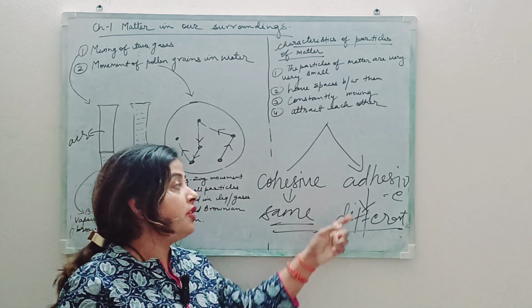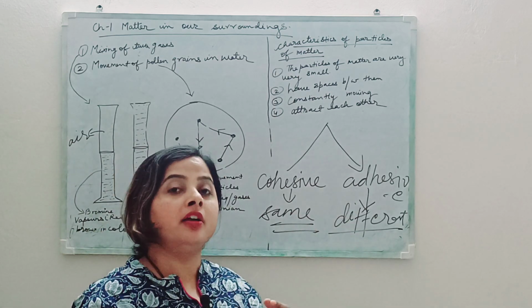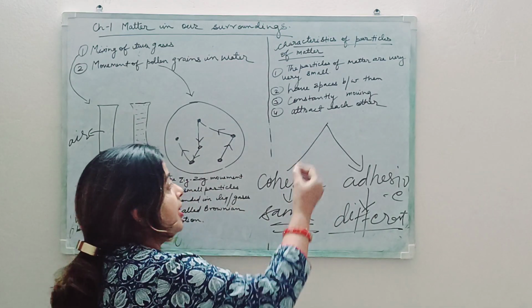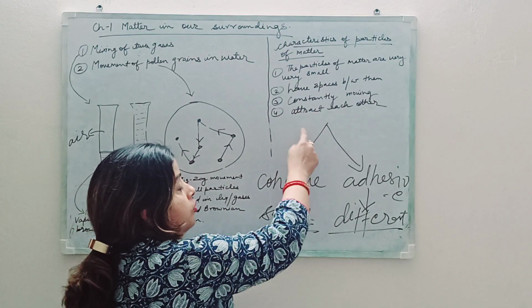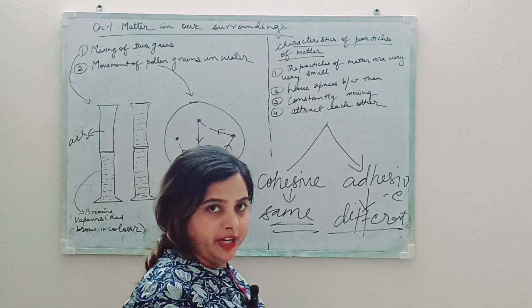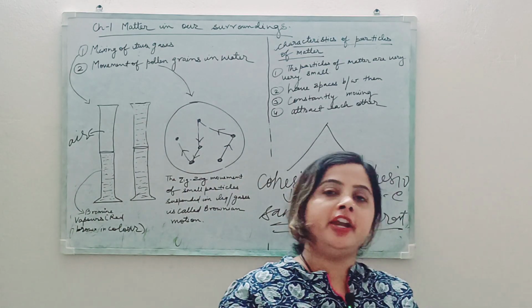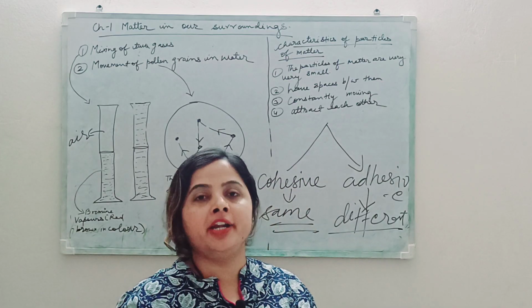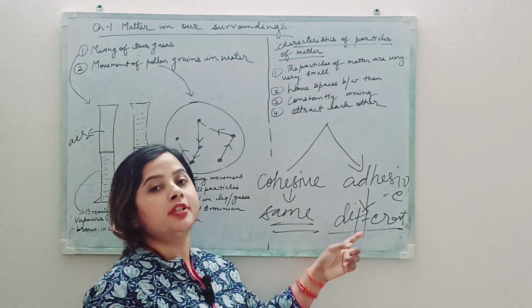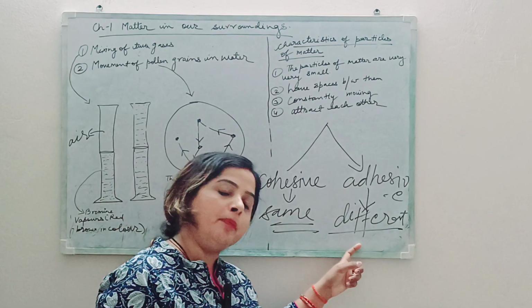Now adhesive force is the force between different types of particles. If I write with the chalk on the board, the board substance and the chalk particles get attracted. Particles of board are different and particles of chalk are different, so they attract each other. That is known as adhesive force, the force between different particles.